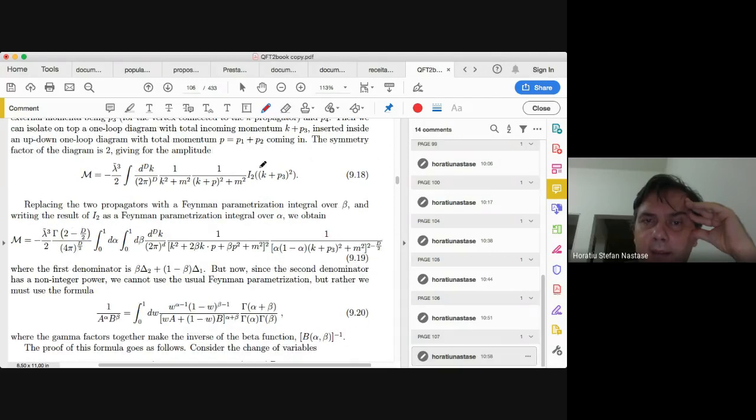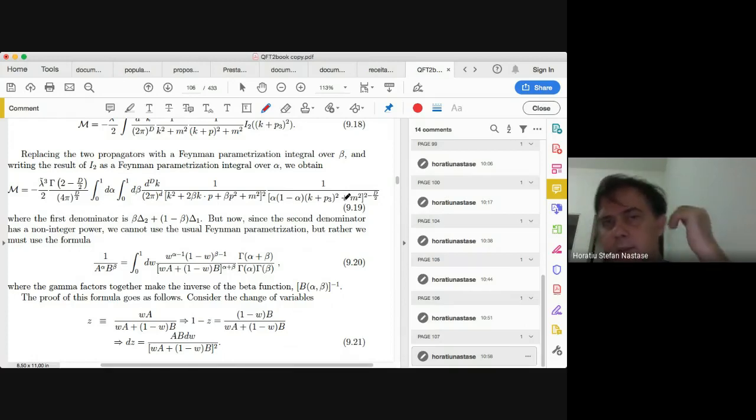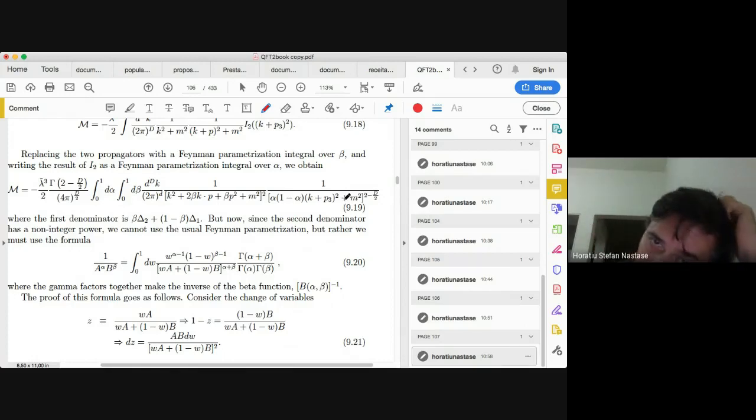But then this integral I2 also is written in terms of an integral of an alpha, and I know it. It's an integral over alpha of this. I already shifted k so that I already shifted this momentum so that I don't have the linear momentum part.